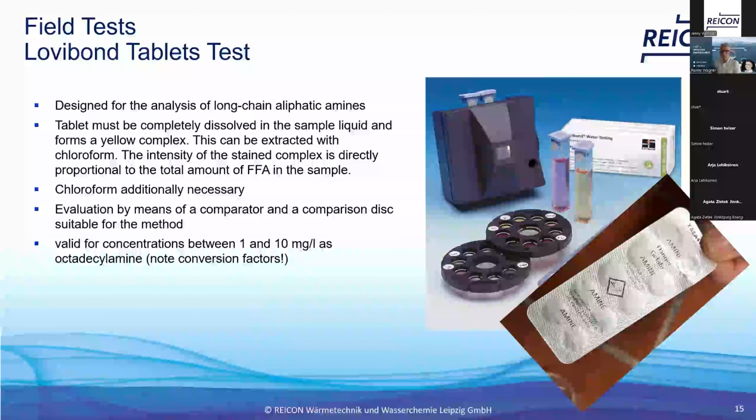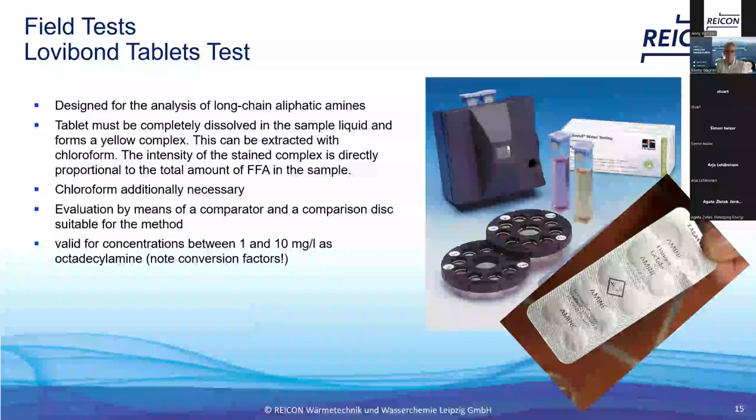Also helpful are field tests for a quick analysis, also if you have remote places where you don't have access to a photometric system. A very easy and simple test is the Lovibond tablet test for amine.